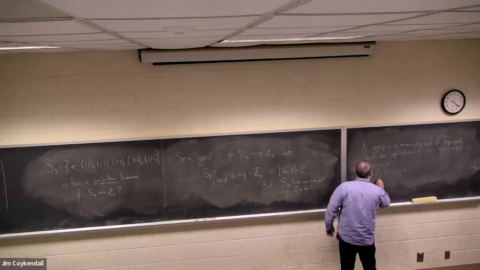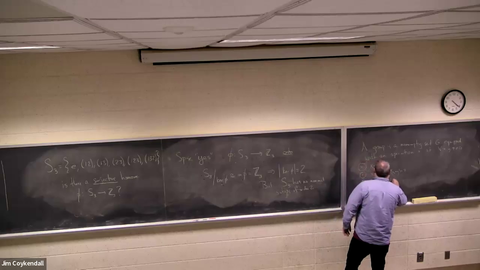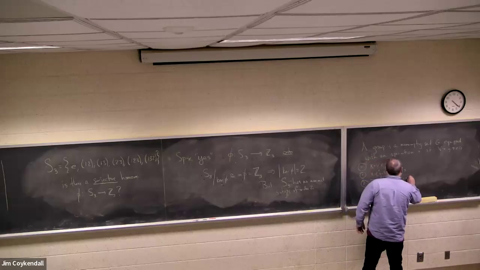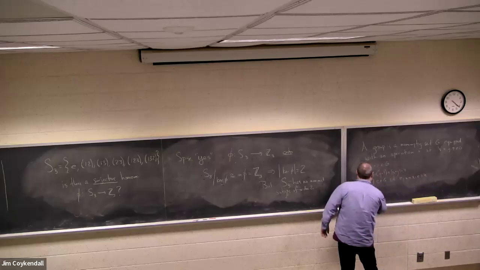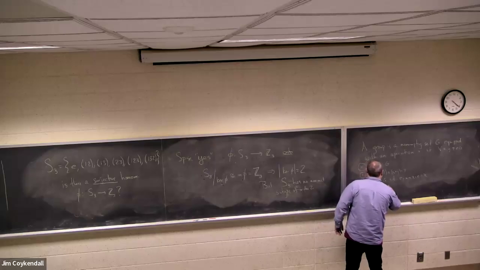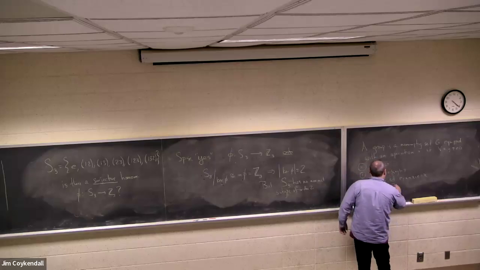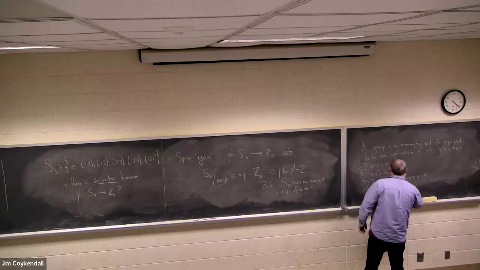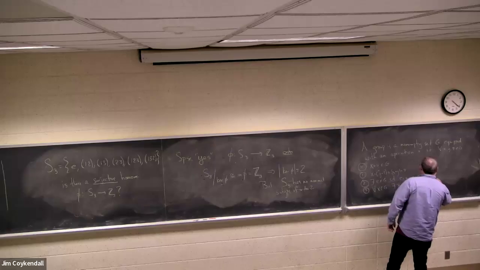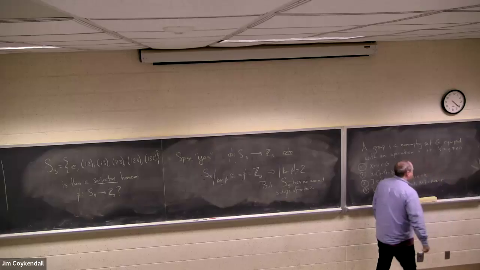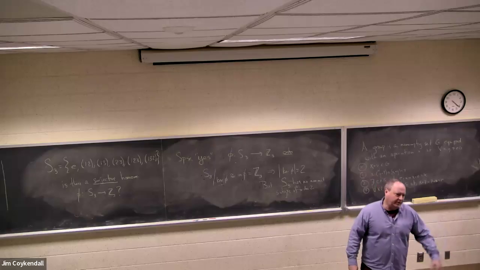Two, there exists e in G such that e circle x equals x circle e equals x. And three, for all x in G, there exists z in G such that x circle z equals z circle x equals e.